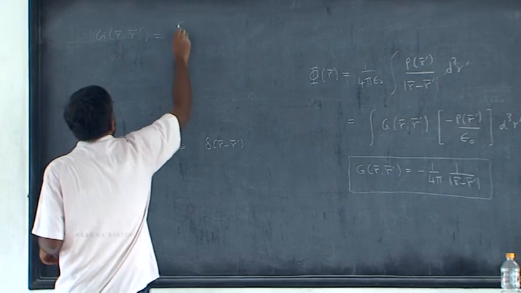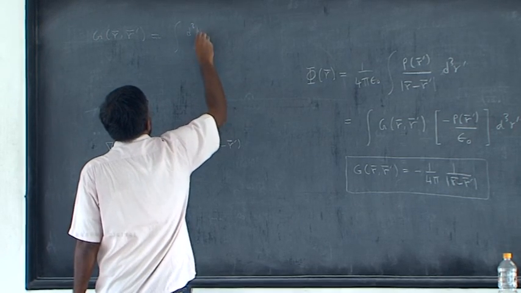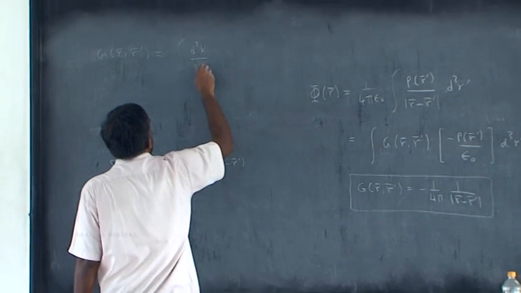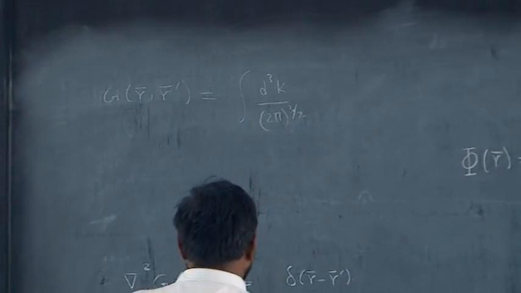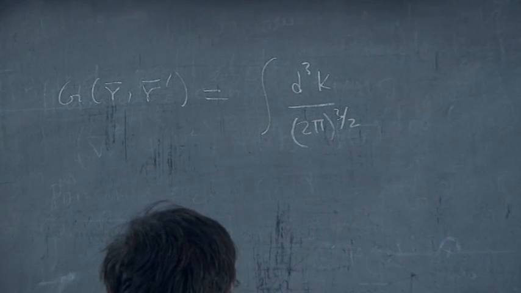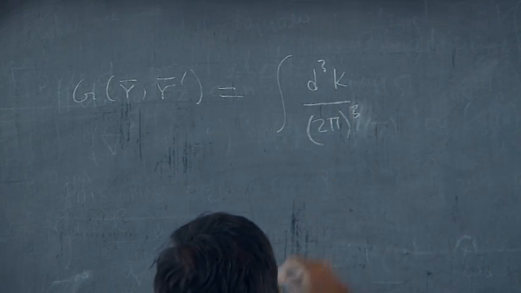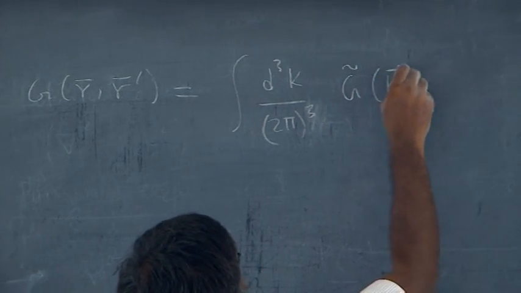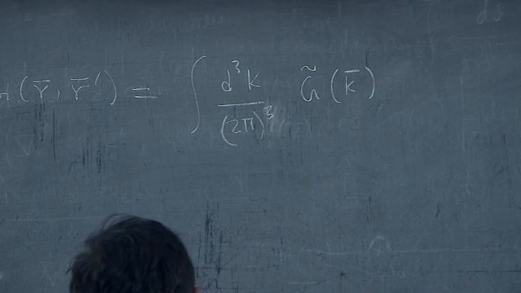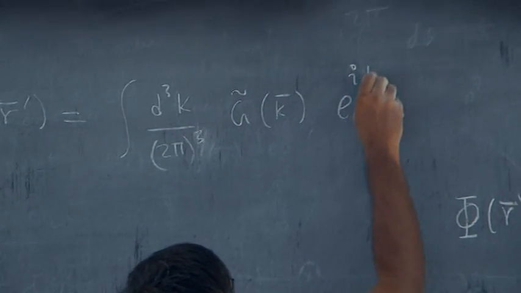as integral d3k by 2 pi the whole power 3 by 2, that is because the whole cube will write it cube, into g tilde of k, that is the Fourier transform of this, into e to the power i k dot r.